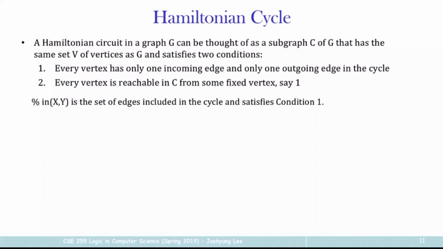In this case, in(X,Y) will choose some subset of the edges, not all edges. If you are very lucky, this choice will lead to the Hamiltonian cycle. Most likely, maybe not, so you have to enforce further conditions.